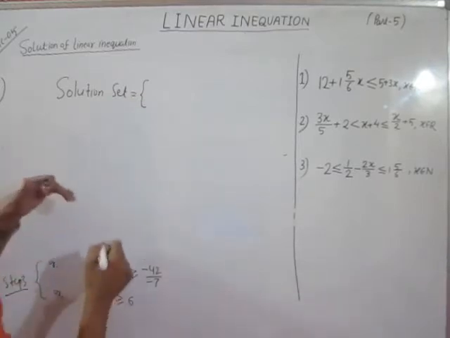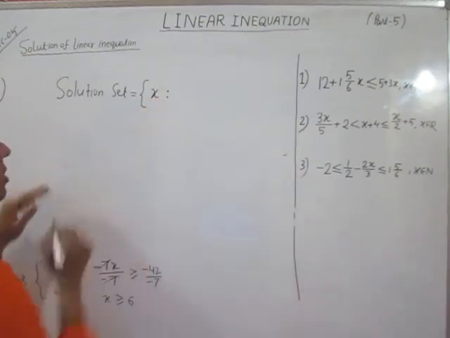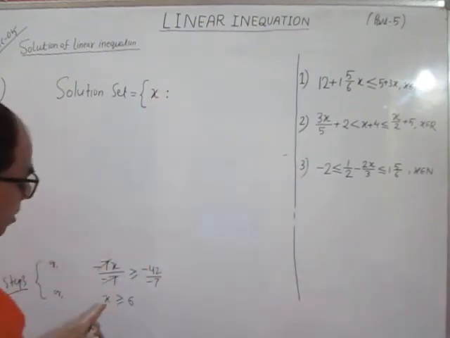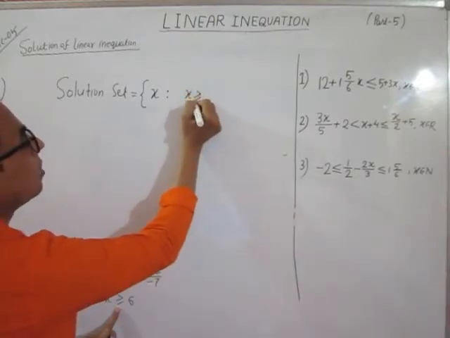Now here in the equation the variable is x, so write here variable x. Now such that, then write the range of variable. So x greater than or equal to 6, write here x greater than or equal to 6.